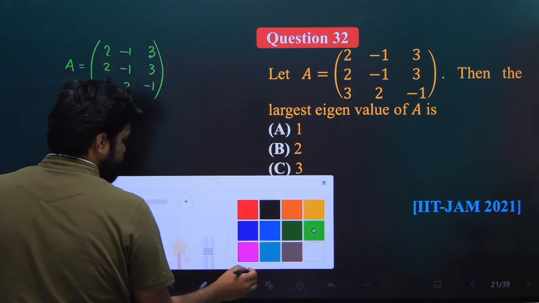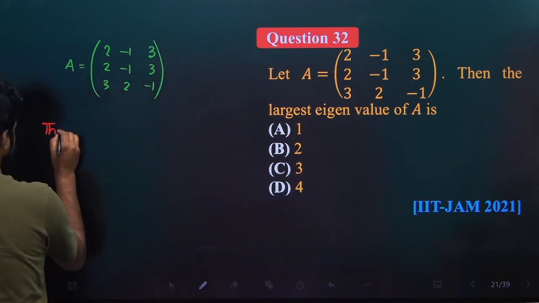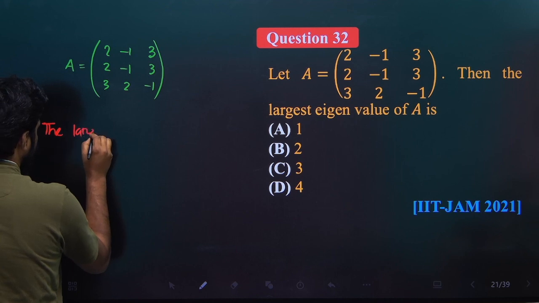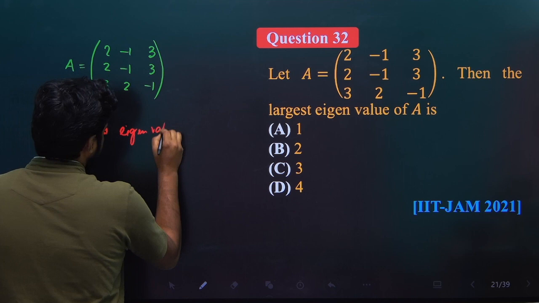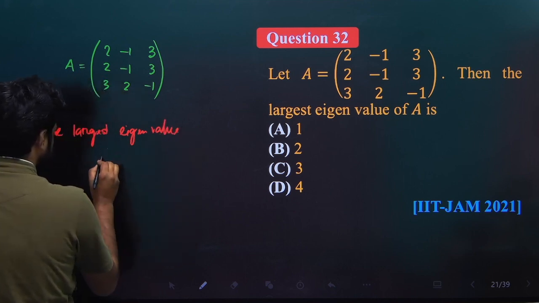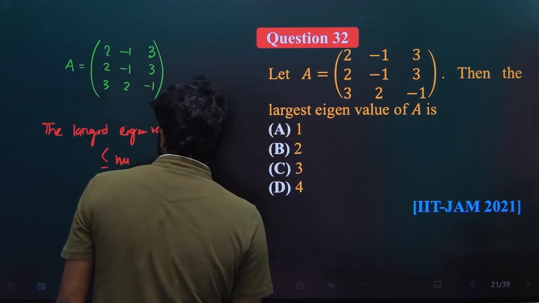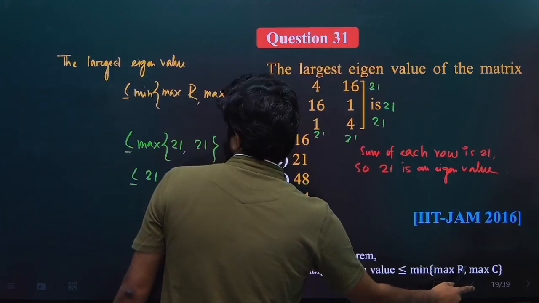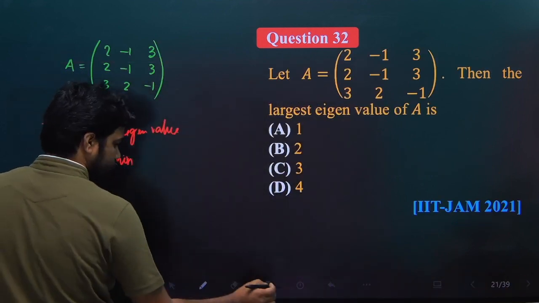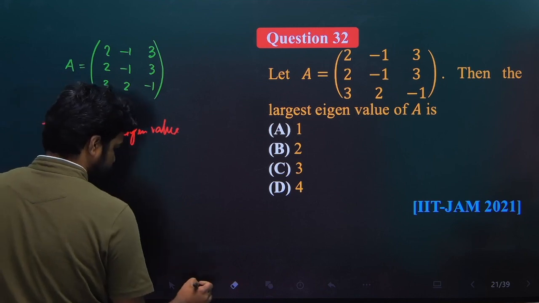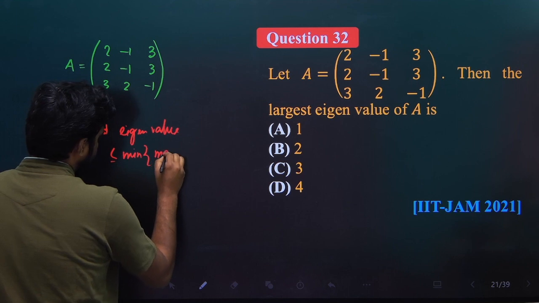Just apply the last theorem, that is the Gershgorin theorem, the largest eigenvalue is less than or equal to the minimum of max R, max C, right?